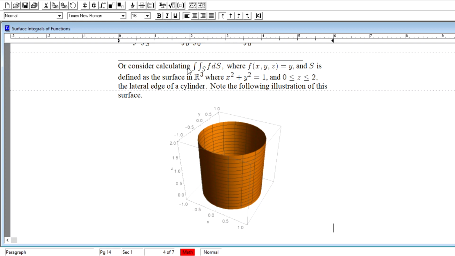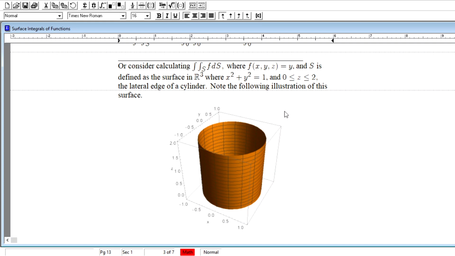All right? And what we want is the surface integral, the integral across the lateral edge of this cylinder, for the scalar valued function f, which is equal to the value of y.